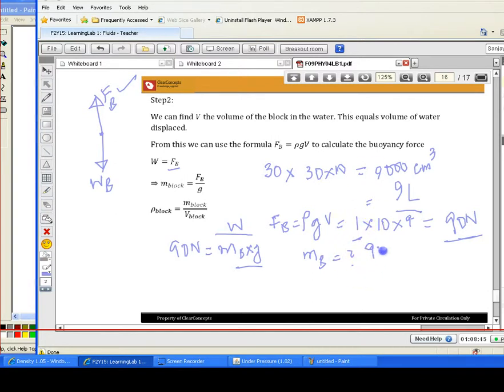Mass of the block is 90 by G, which is 10 newtons, which is equal to how much? Alicia, you can't just write numbers, you have to put units when you're talking about physical quantities. 9 kilograms. So what is the total volume of the block? Total volume is 30 length, 30 breadth times 15 height. What is the total volume of the block?